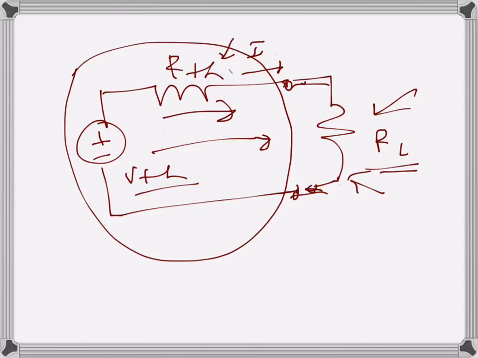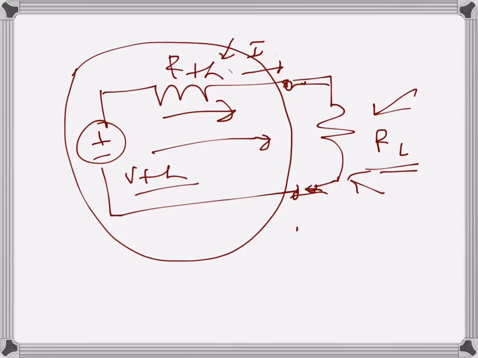A short circuit current means that the load is connected but it's 0, so the load is minimum. So the maximum possible current that the network can offer to a load is the short circuit current. That means if the load was 0, this is the maximum possible current.